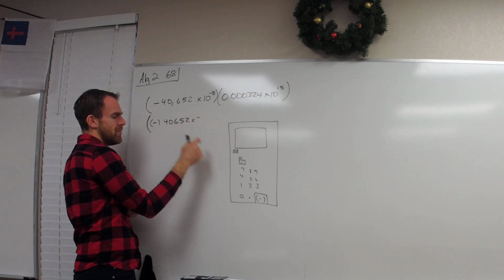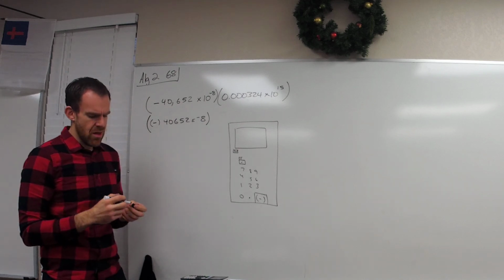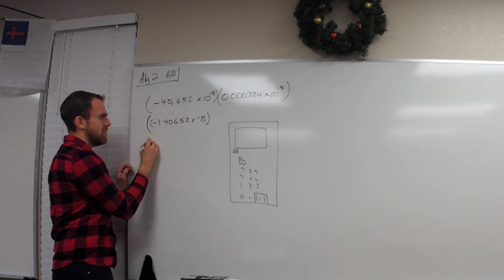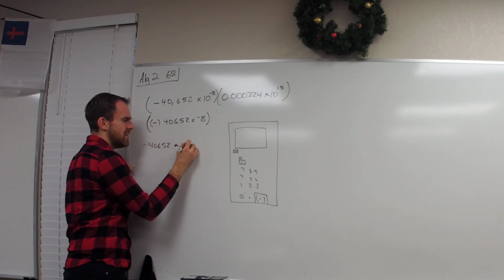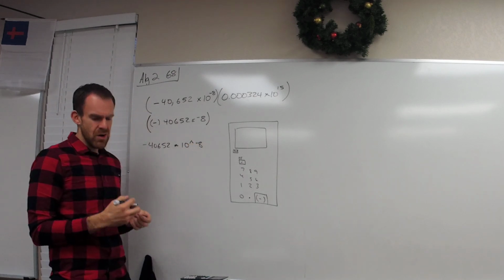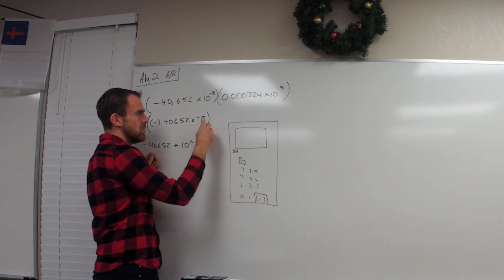So again, you're going to use that minus button and 8, parentheses. You can also, of course, just do negative 40652 times 10 to the, use the little hat, and then negative 8. That works as well, but the little E button is quite nifty. So you're going to multiply this.